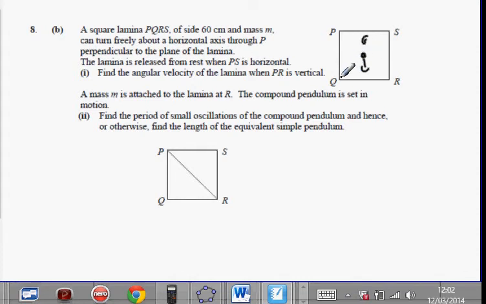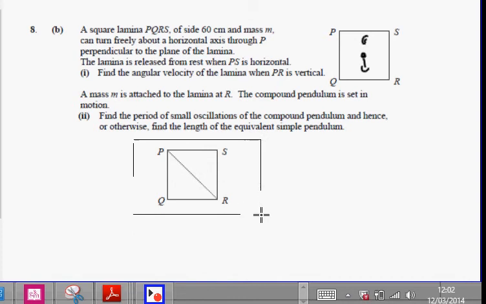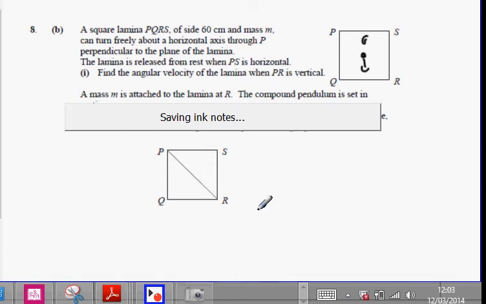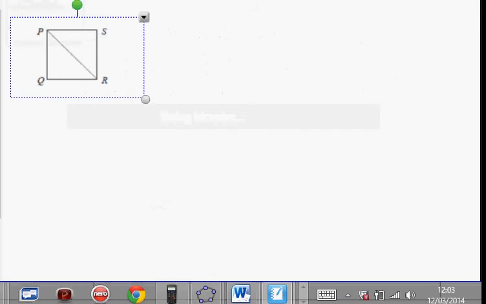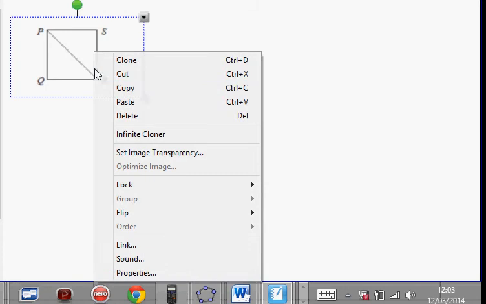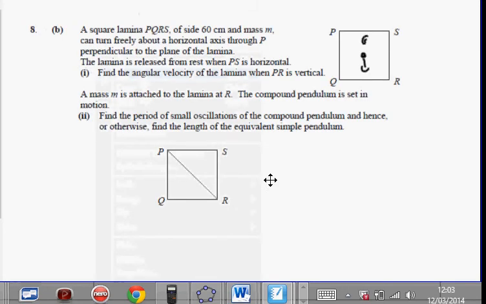So I'm going to show you what I mean. Here it is in its horizontal position, and look what happens when I turn it vertical.